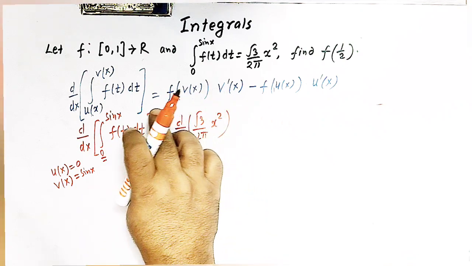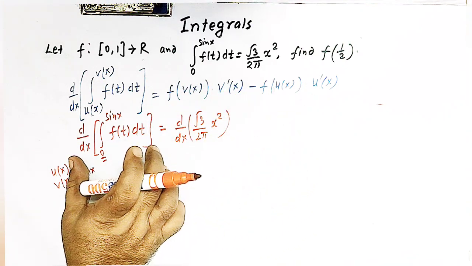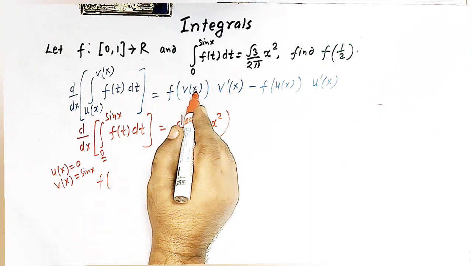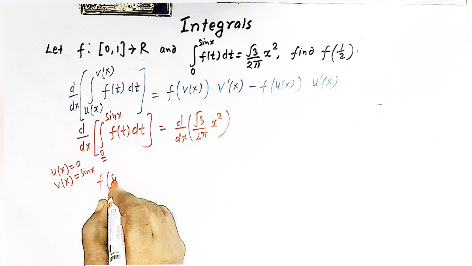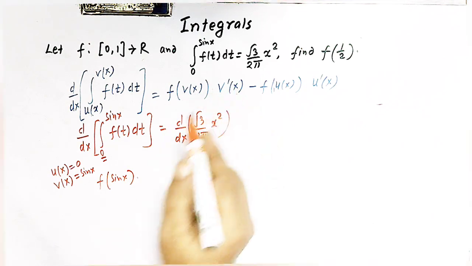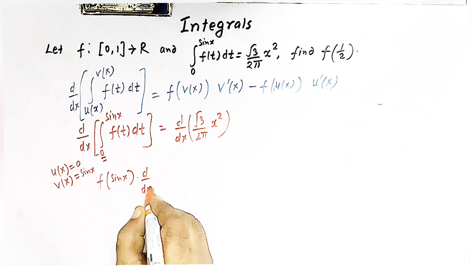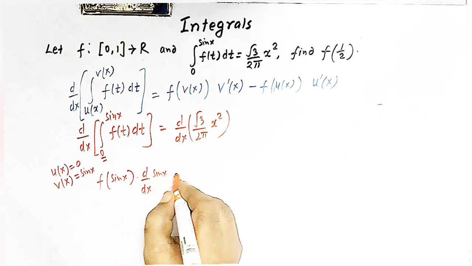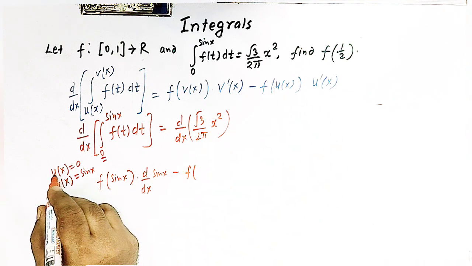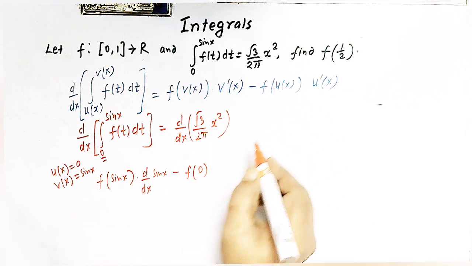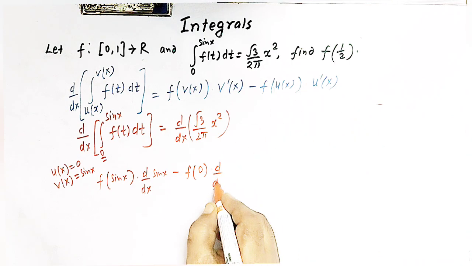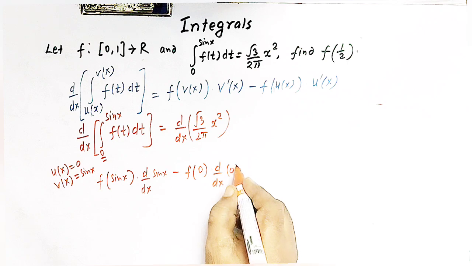Applying the rule, the left hand side can be written as f(v(x)), where v(x) is sin x, times d by dx of sin x, then the negative sign, then f(u(x)), where u(x) is 0, times d by dx of 0.